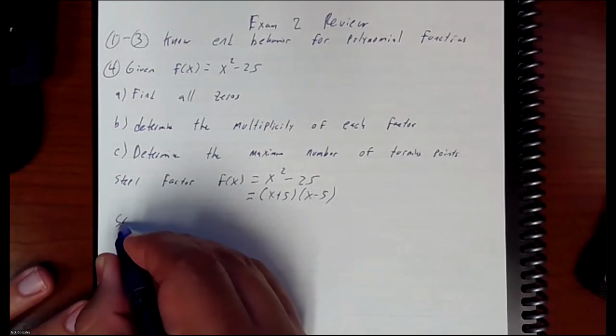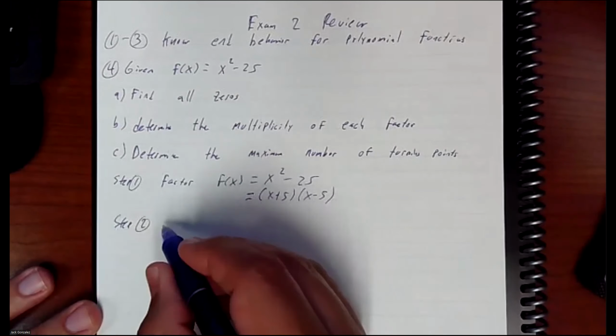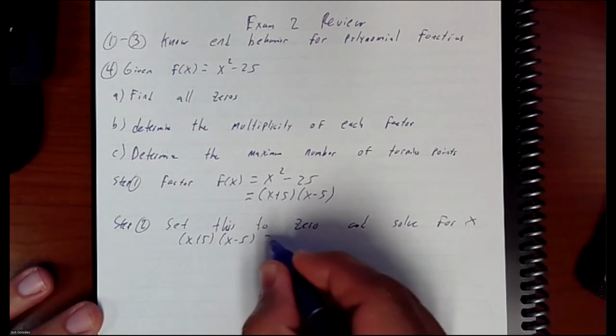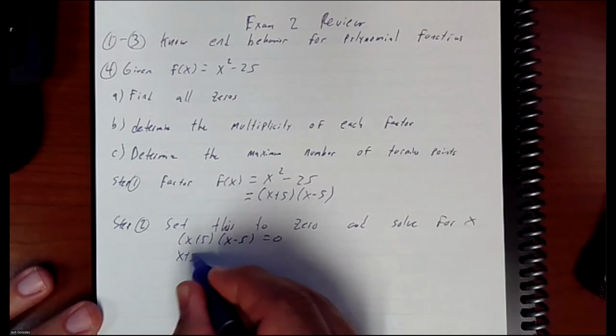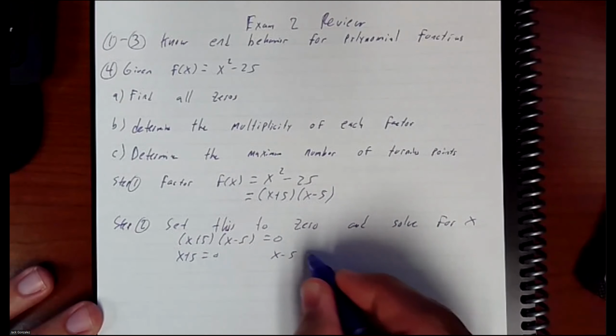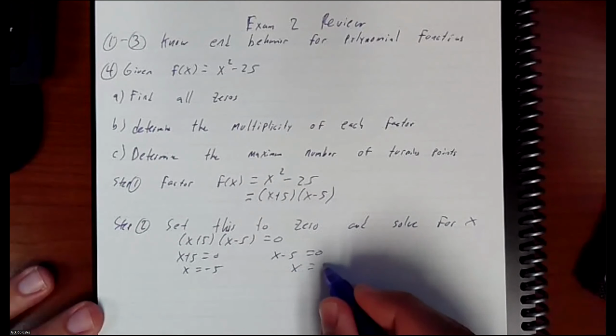Step 2, set this to 0 and solve for x. So this would be x plus 5, x minus 5 equal to 0, which means you have x plus 5 equal to 0 and x minus 5 equal to 0. Solve for x and you will have these two values.